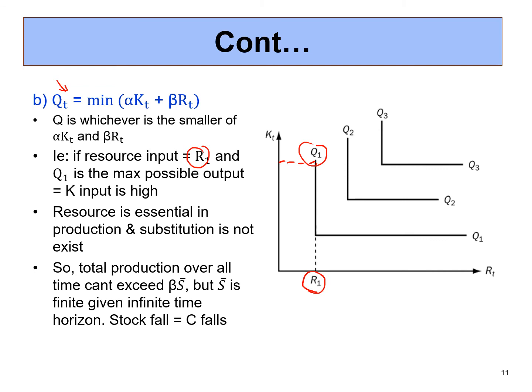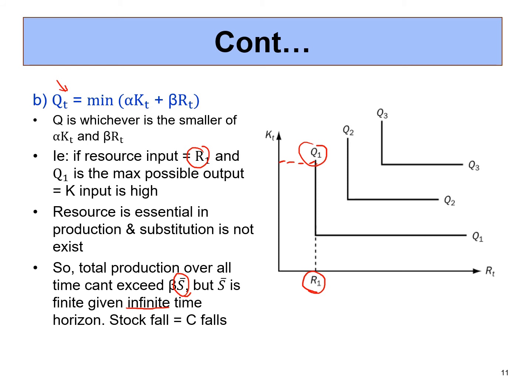Okay, so total production over all time cannot exceed the initial stock. Remember that. Whatever we produce, our consumption of resources shouldn't exceed the initial stock, which is represented by S bar. But our S bar here is finite. Remember, our resources are limited or finite. It is not infinite, given infinite time, because we are talking about many generations, right?